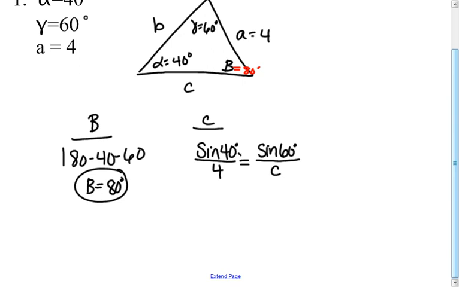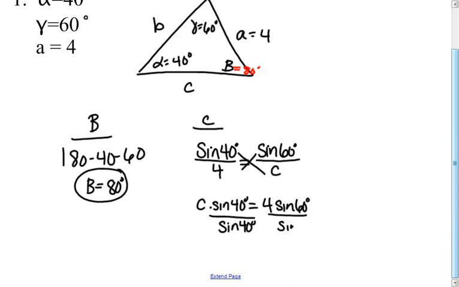So I will cross multiply, and I will have C times the sine of 40 equals 4 times the sine of 60. And of course I'll solve for C by dividing by sine of 40. Then you can type that into your calculator, and I want you to practice doing that.